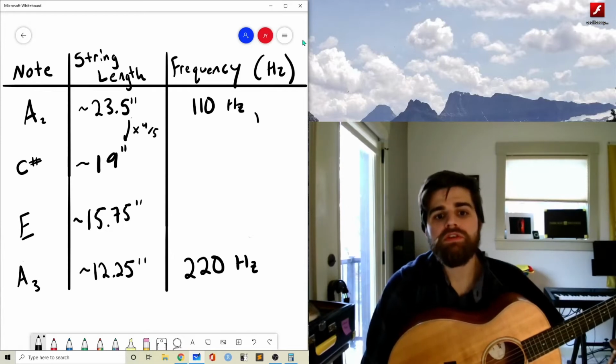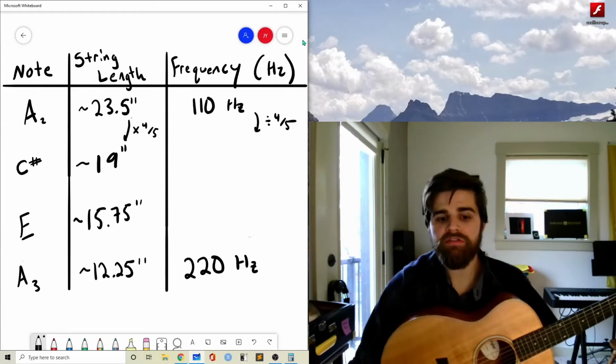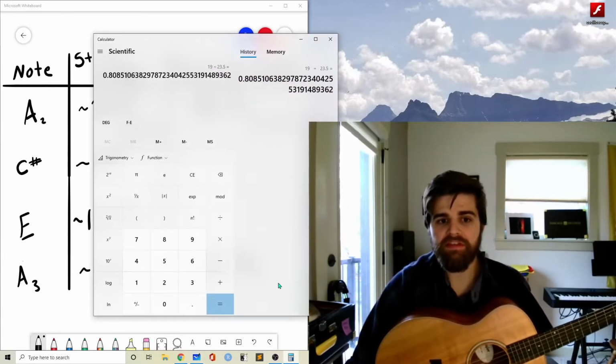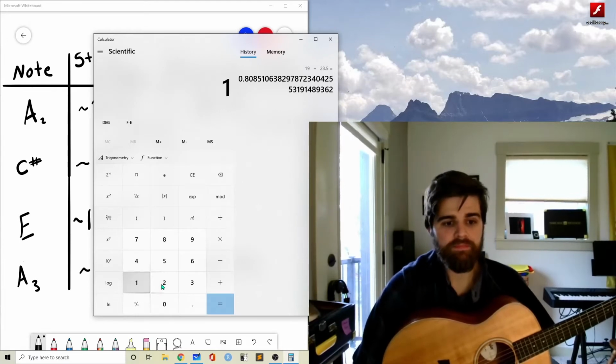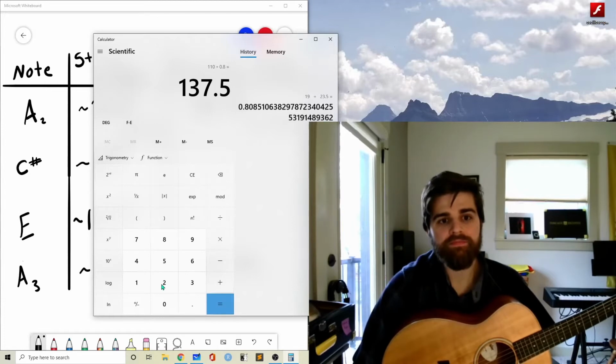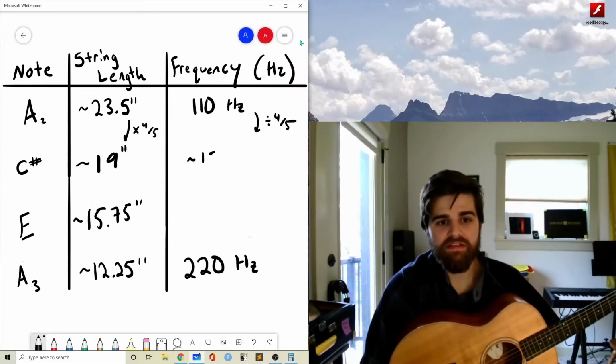So we should have a frequency of whatever 110 divided by 4/5 is. We maintain that same inverse relationship. So 110 divided by 4/5 or 0.8, we get 137.5, and that's pretty much exactly correct.